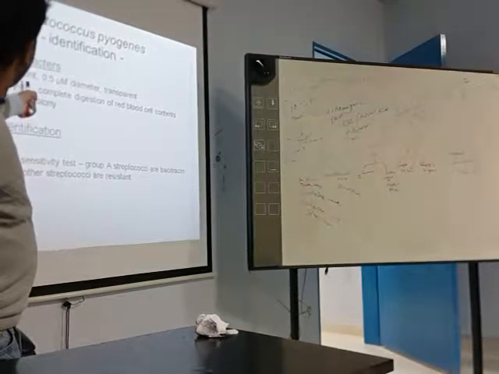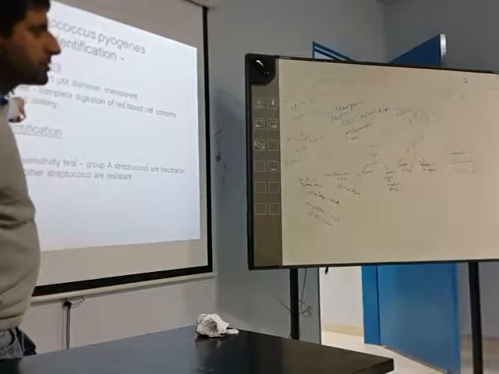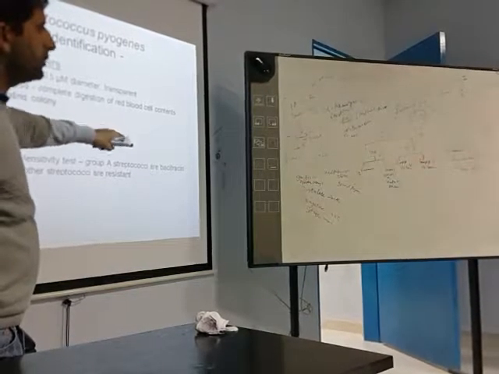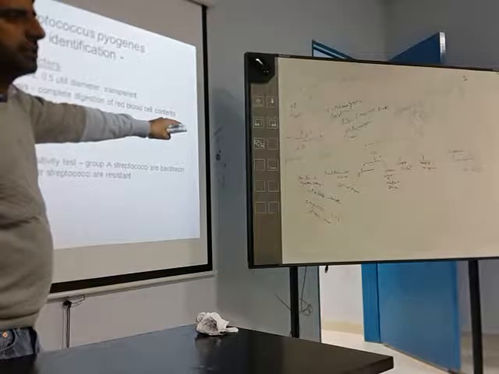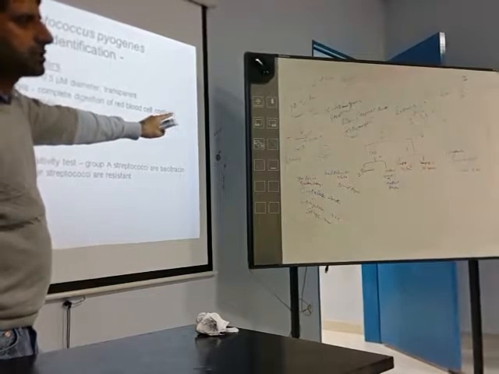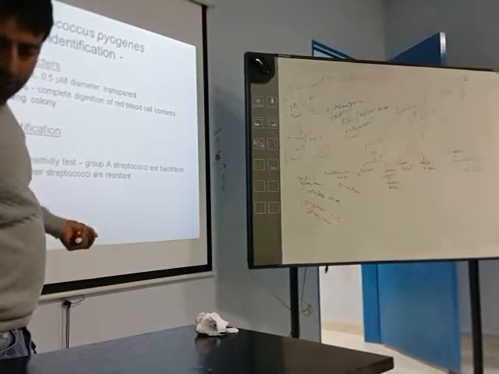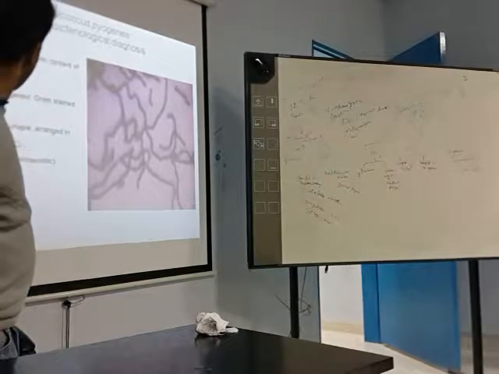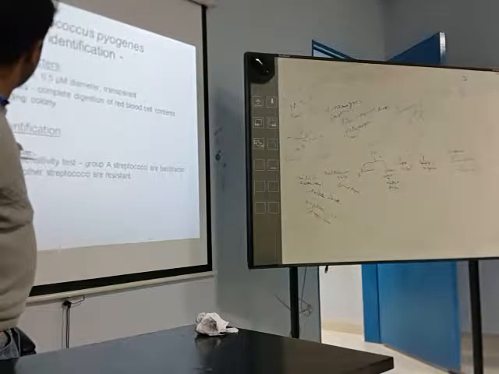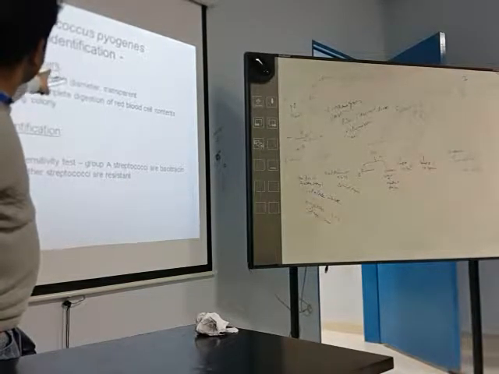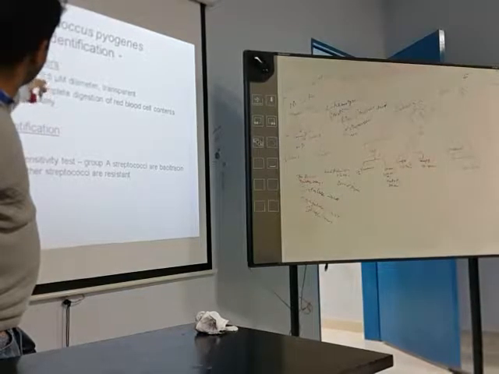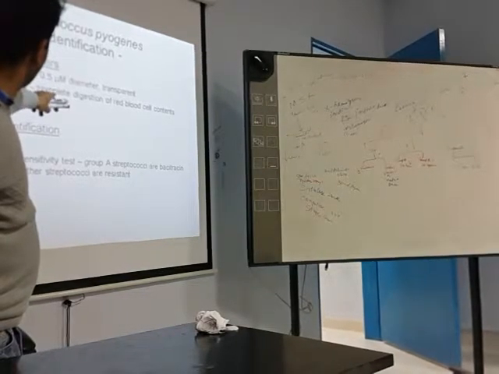This is the identification on the basis of the blood. Here we don't do the catalase because it is negative, and we do not conduct the coagulase test. Direct microscopic observation shows they are in the form of chains, gram-positive. And here is the culture on the blood.